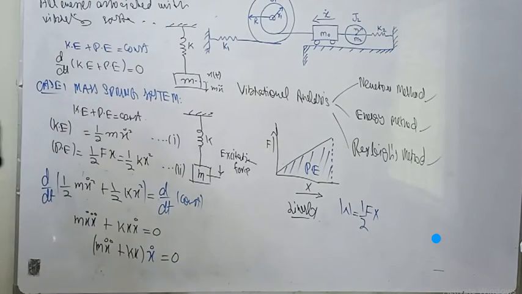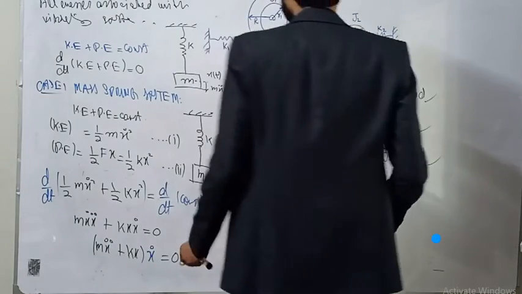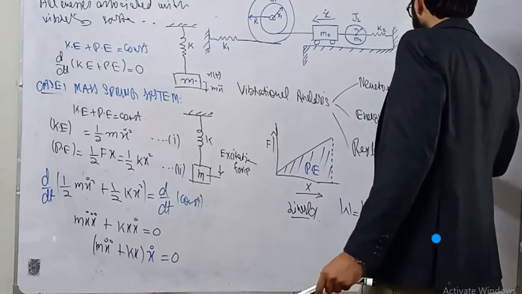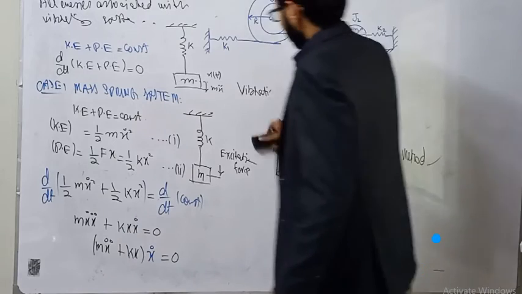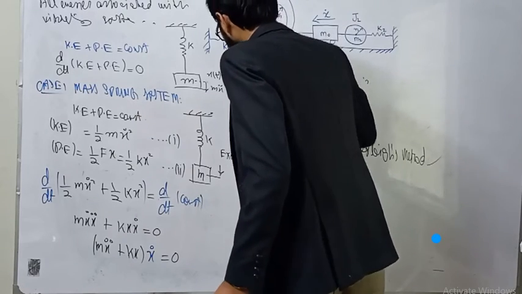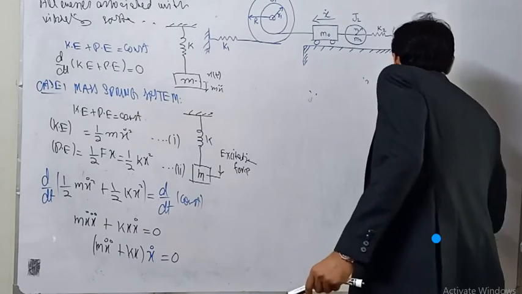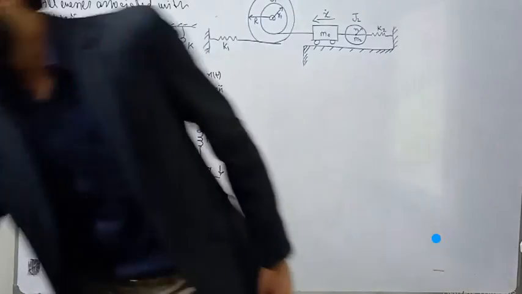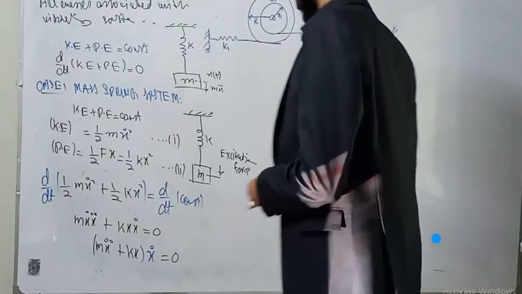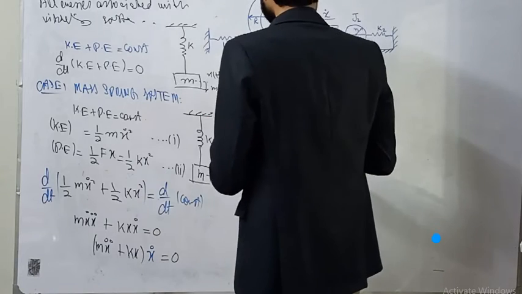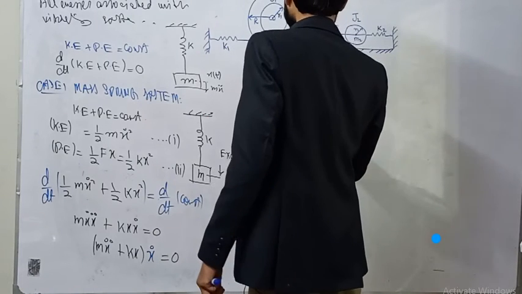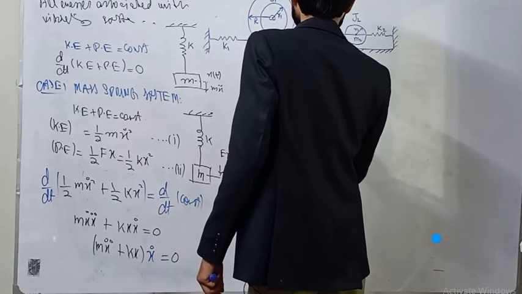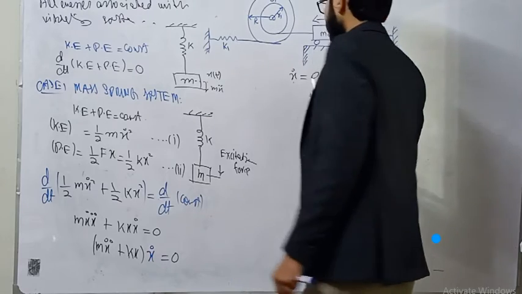So according to this, one of the two quantities will be 0, and then we will consider the complete system. We know that the associated velocity of the body, that is x dot, can it be 0 or not?